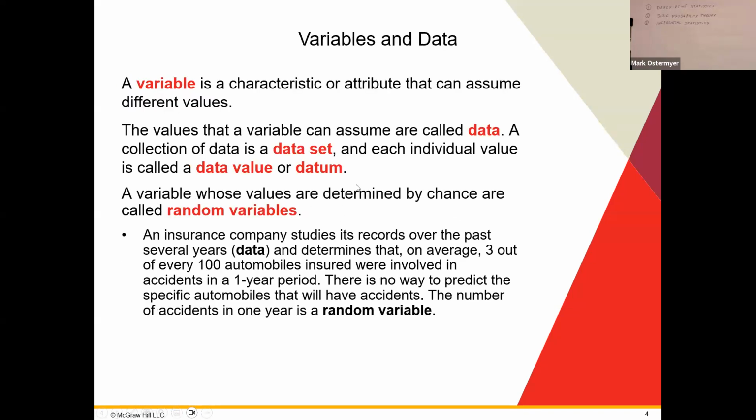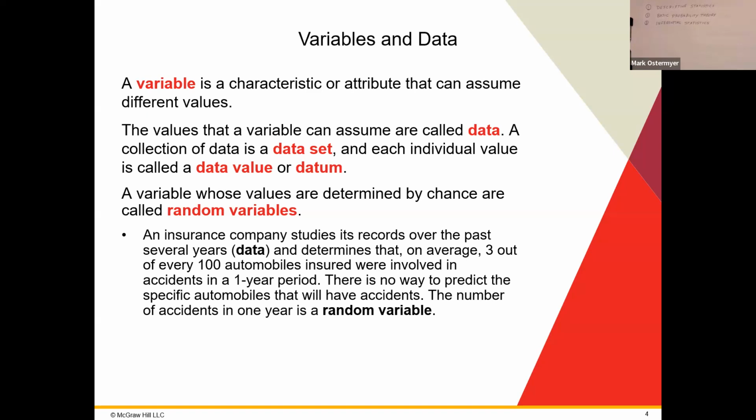And data. Data basically consists of numeric or non-numeric entities that we collect. From time to time, ladies and gentlemen, we'll be using variables in this course. Normally, we use the variables X, Y, or Z, but other variables can be used. Now, this course in statistics is not as variable littered as a course in algebra.